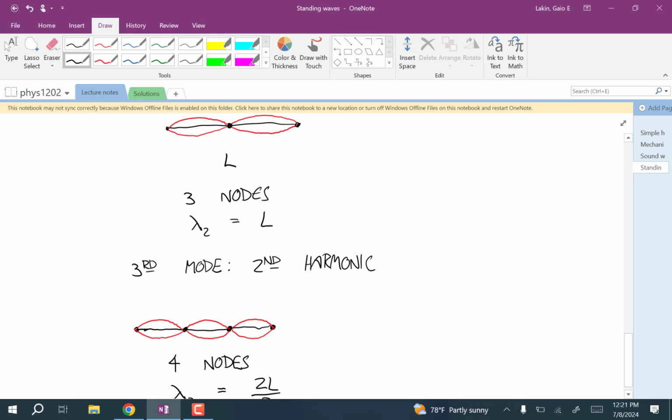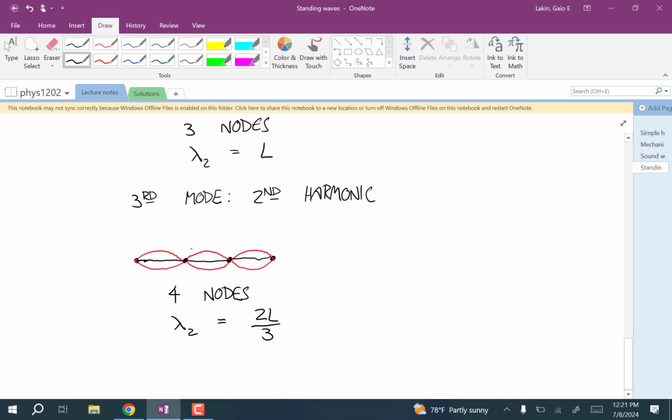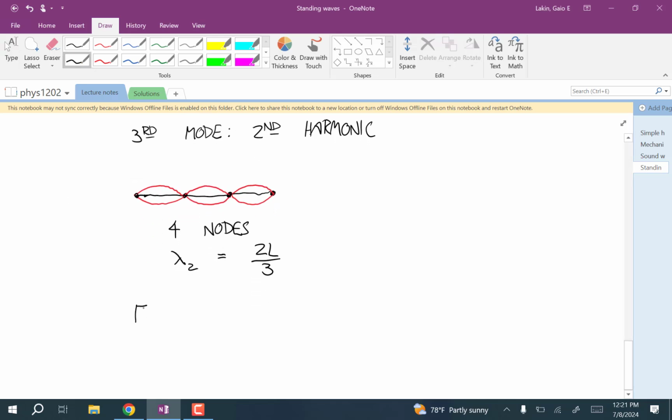And now, based on these wavelengths that we have for these 3, we can start to figure out an overall pattern for the wavelengths of the different harmonics and the different modes. And so the formula overall that represents these different modes is that the wavelength of the nth mode is equal to 2L over n, where n is 1, 2, 3, and keeps going up.